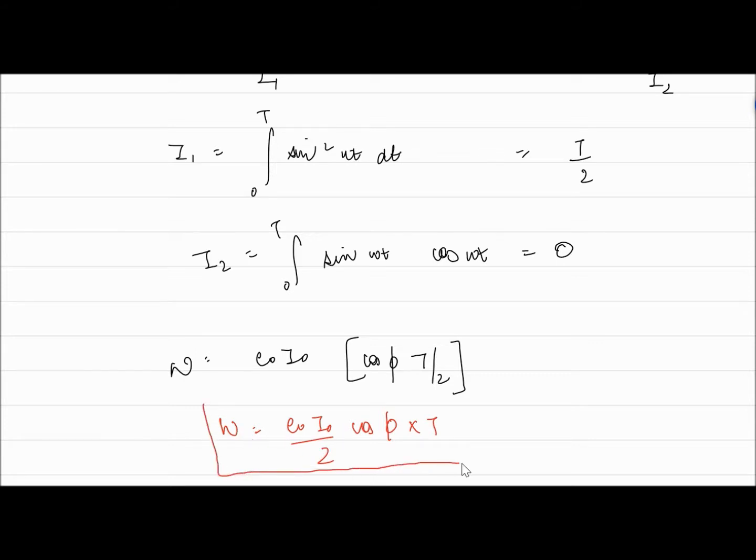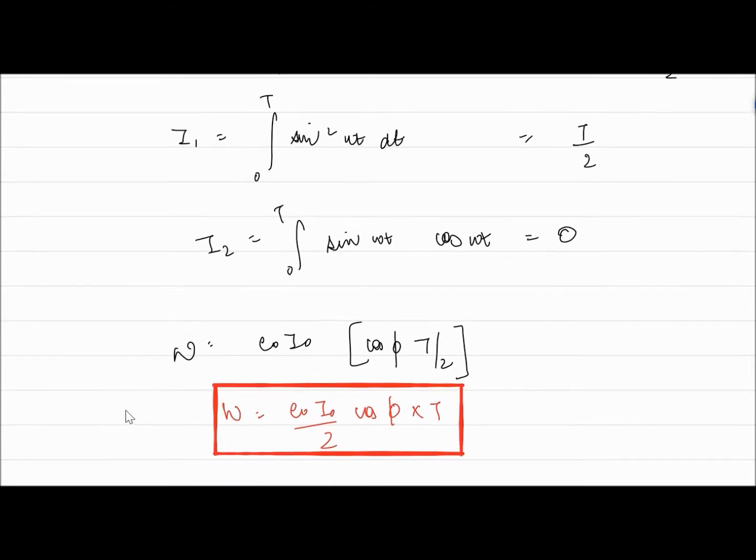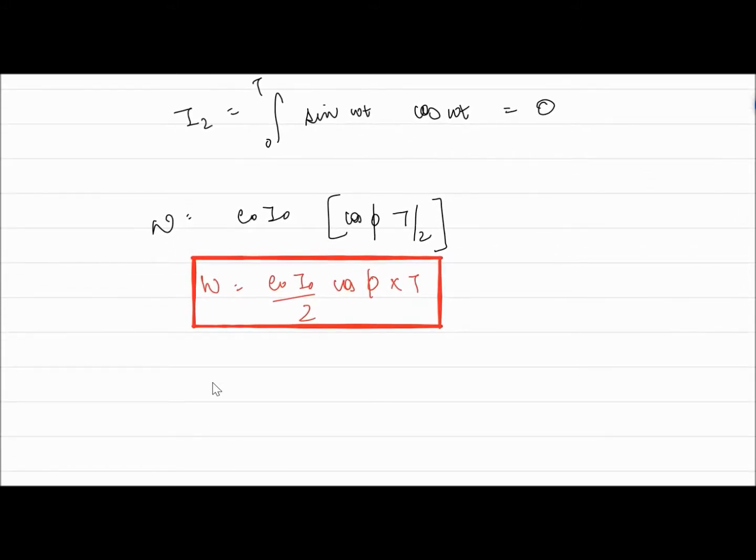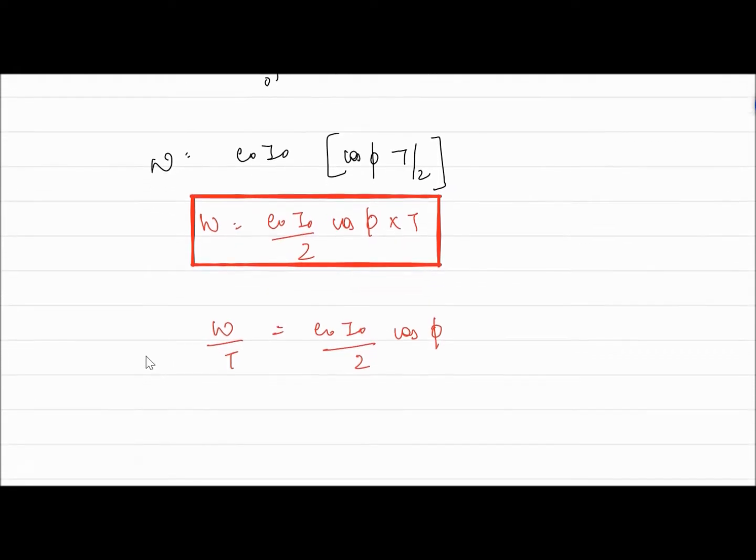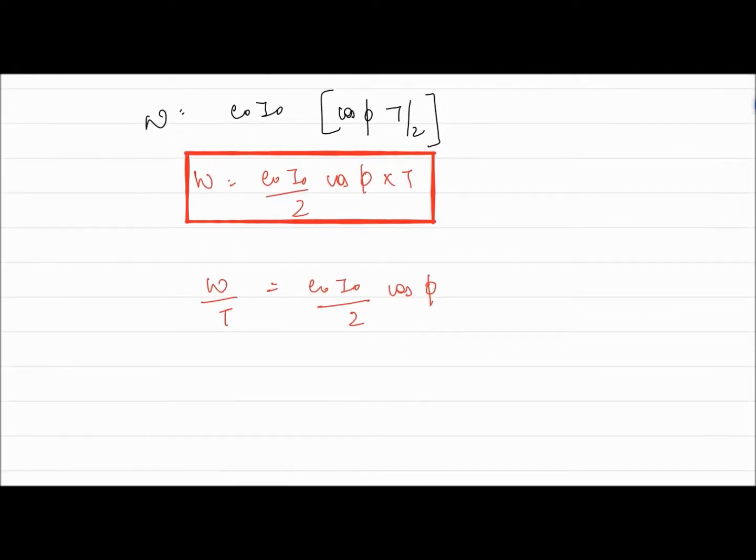This is the work done in an LCR circuit. We can write W by t, which is power, is equal to E naught I naught by 2, cos phi. Power is equal to E naught by root 2, I naught by root 2.